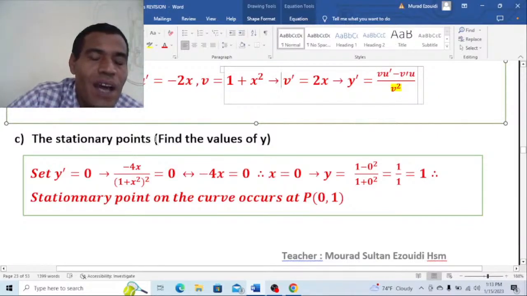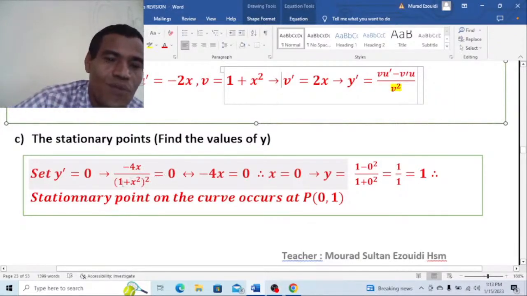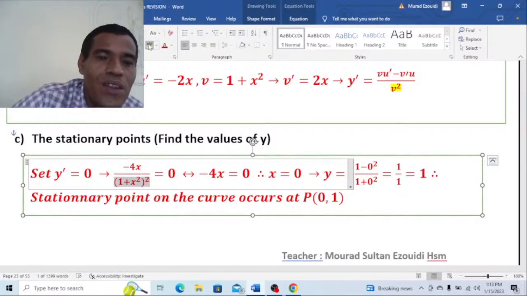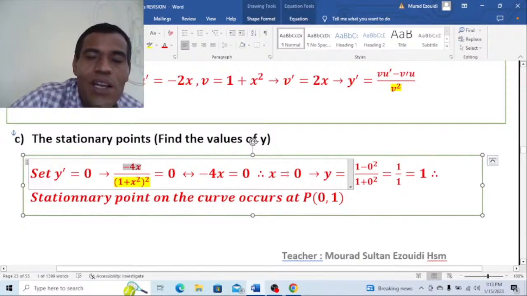After finding the x value, substitute it in your function to find the value of y. Therefore, to solve this question you should set y dash equals 0, meaning negative 4x over 1 plus x squared equals 0. The denominator here can never be equal to 0. Therefore negative 4x equals 0, which means x equals 0.